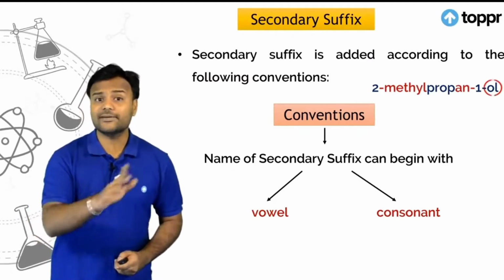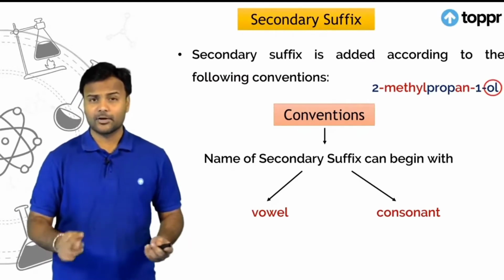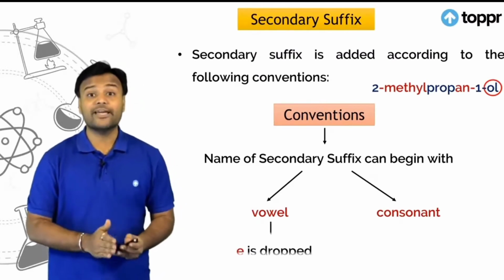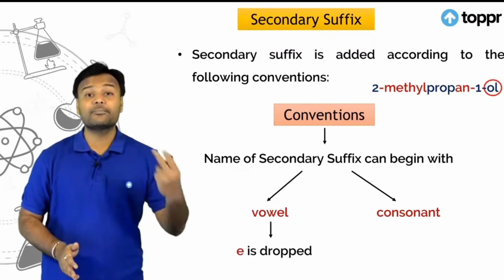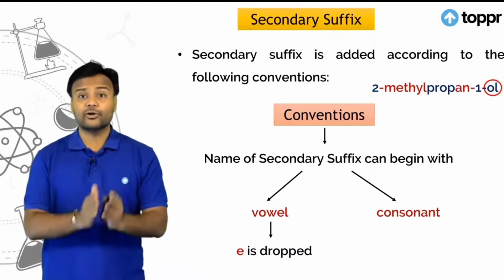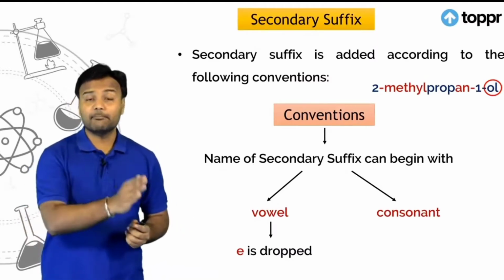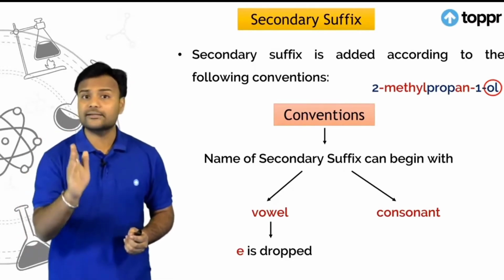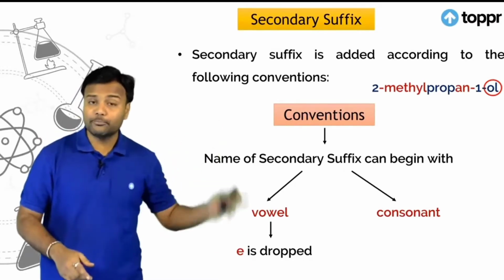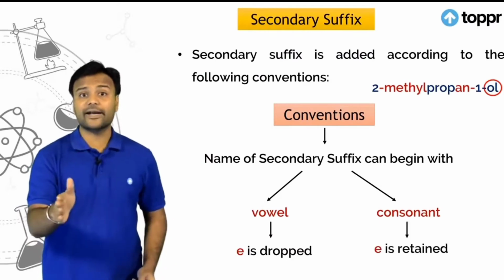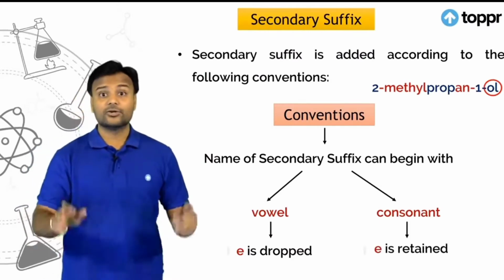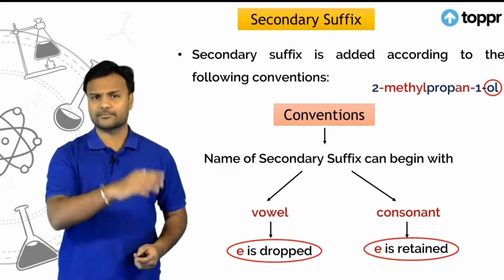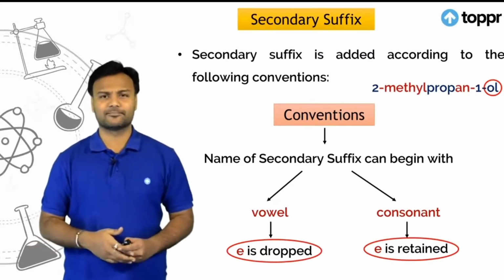Here, OL is your secondary suffix, right? O is a vowel, so we are dropping E from the primary suffix. If you look at the name, in propanol there is no E over there because O is a vowel, so drop the E. If it is a consonant, then E should be retained. These are very important points when you are writing suffixes, especially secondary suffixes.